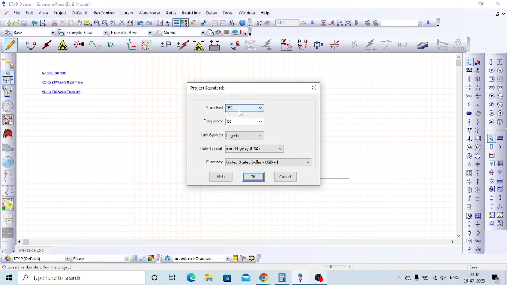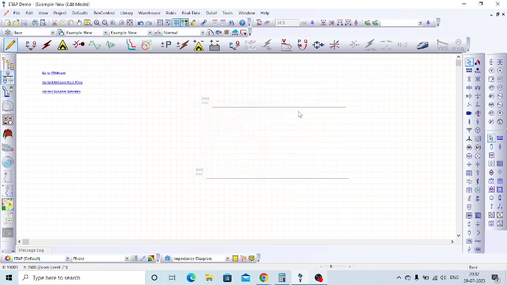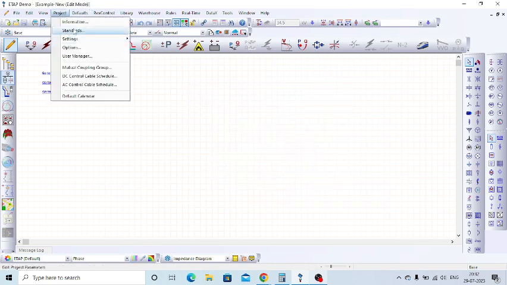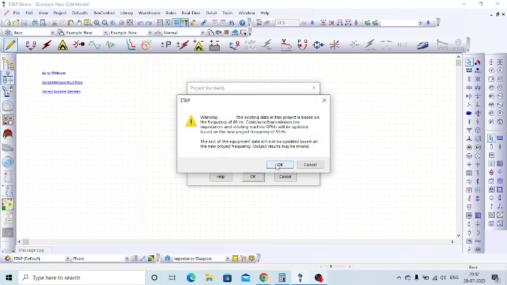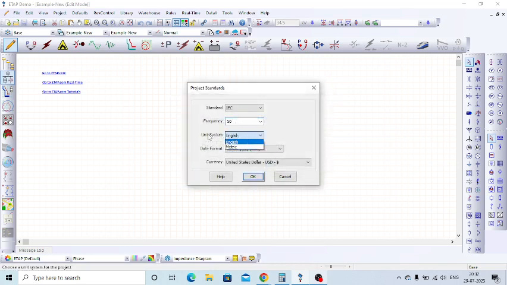Now I will set the IEC standard and 50 Hz frequency, and I will change the unit system to metric.